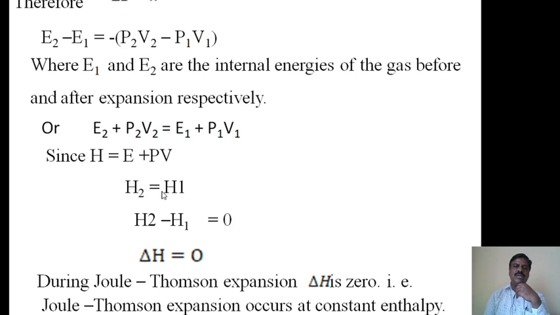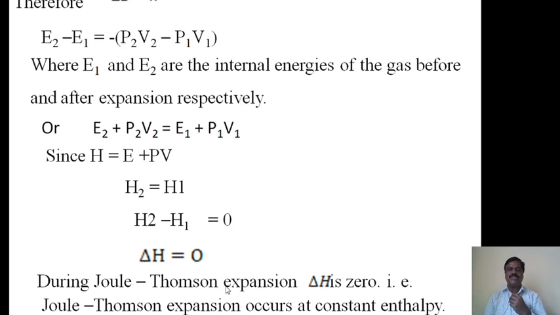Therefore H2 is equal to H1. Substituting the value into this equation, we get H2 is equal to H1. Taking the left side, H2 minus H1 equals 0, which can be written as the change in enthalpy, final minus initial, delta H, equals 0.